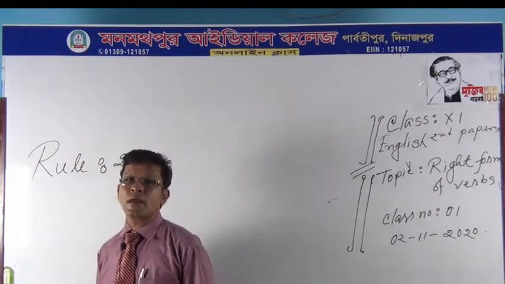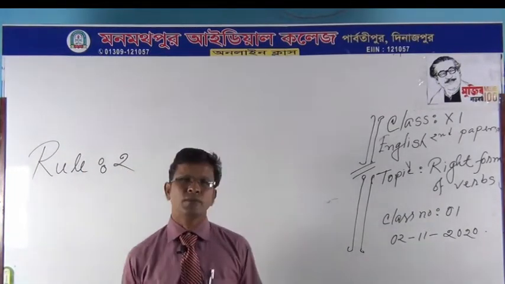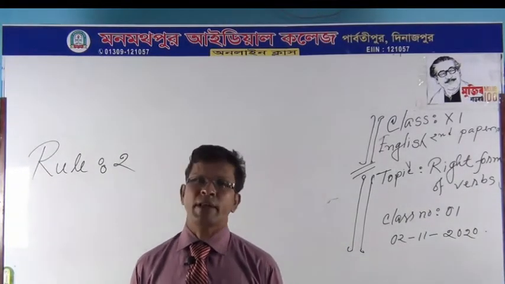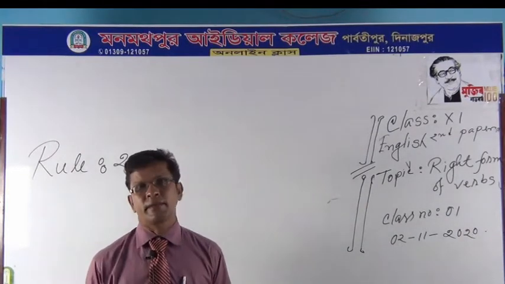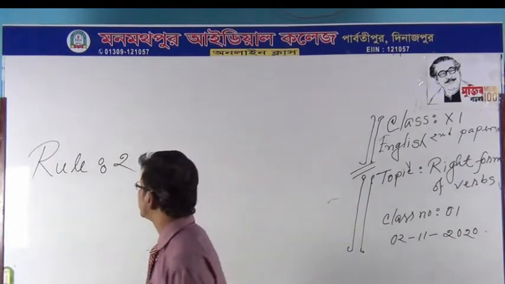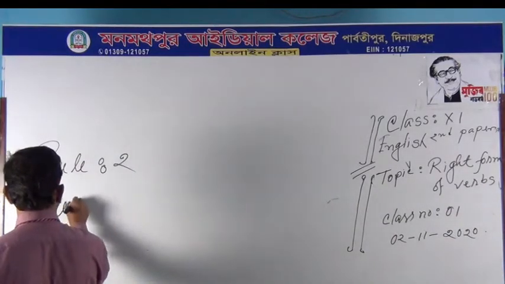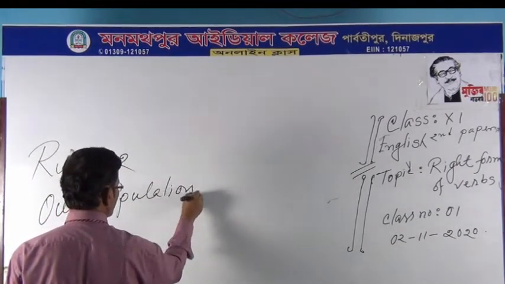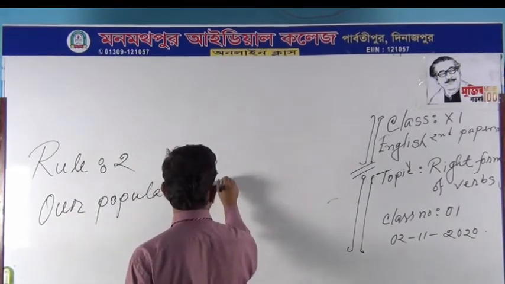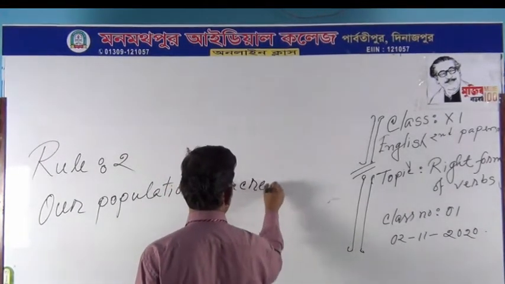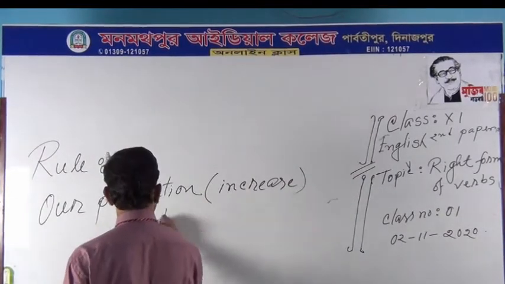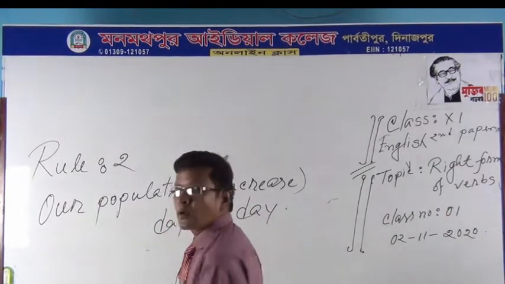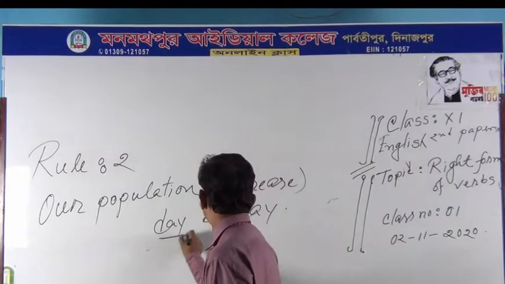Rule 2. If a sentence contains now, at this moment, day by day, rapidly, drastically, etc., you will use present continuous tense in that sentence. For example, notice here, the students will find day by day.